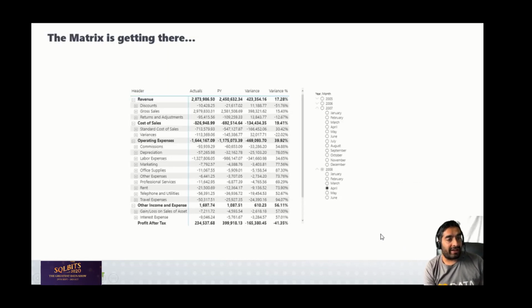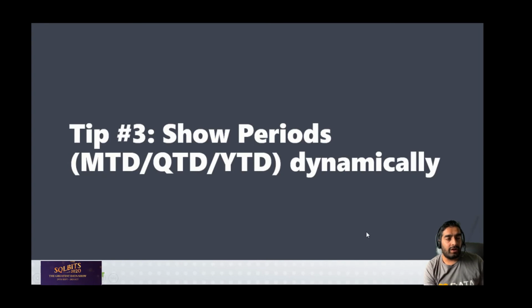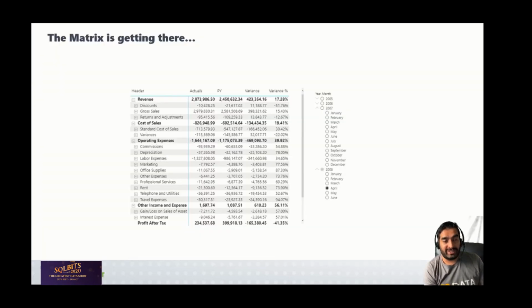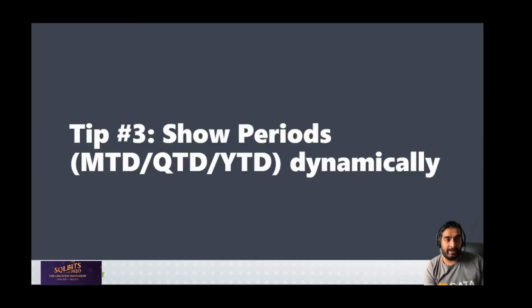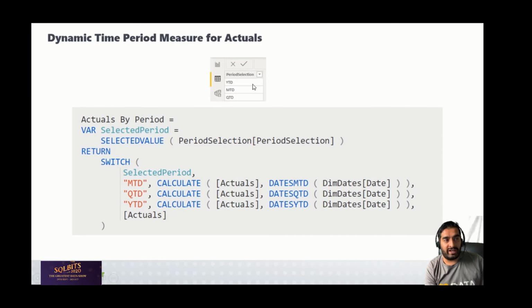So that gave us our matrix like this, which is a single month or year selection. Our third tip was to say, what if we want to show month to date, quarter to date, year to date? The way we did that was to create a disconnected table with 3 values in it: YTD, MTD, QTD.